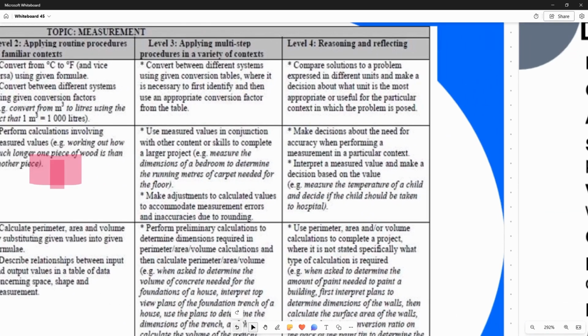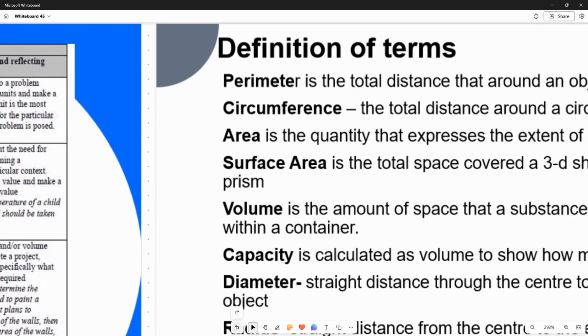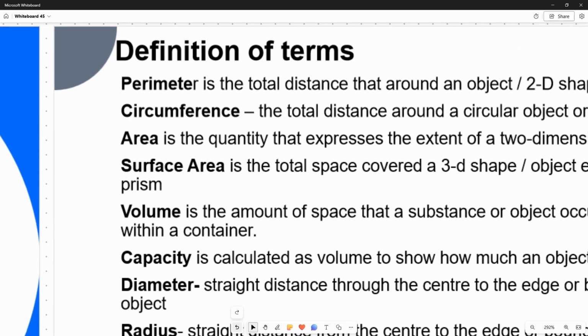Let's move to the next slide. There are terms which are very important for this topic of measurement. Let's look at the terms briefly.